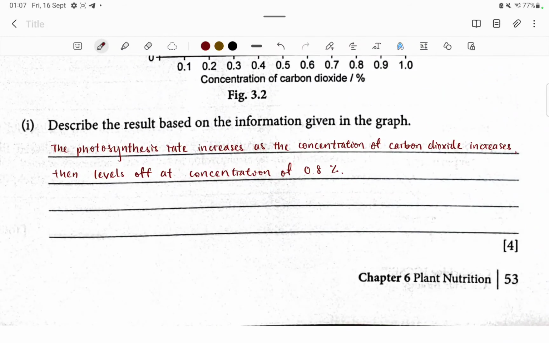Okay, and then after that the photosynthesis rate remains constant.